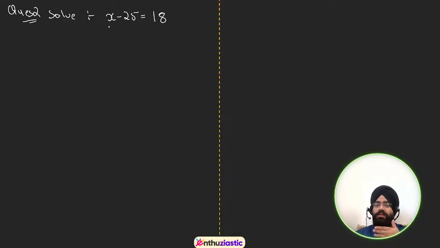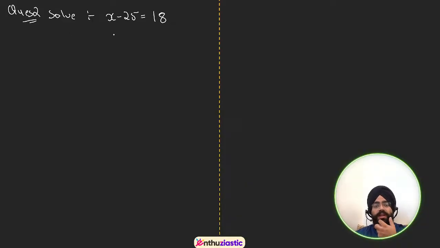We need to find out the value of x here. And what we have to do is make x alone. How can we do that? There is an extra number, that is minus 25 over here.